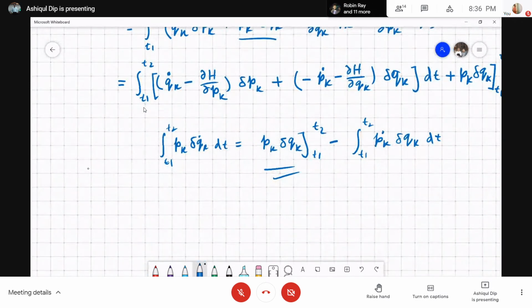So let's vary the other one, the variation of s bar. What should it give us? By varying s bar, first we should have the same variation of s plus variation of this other part.